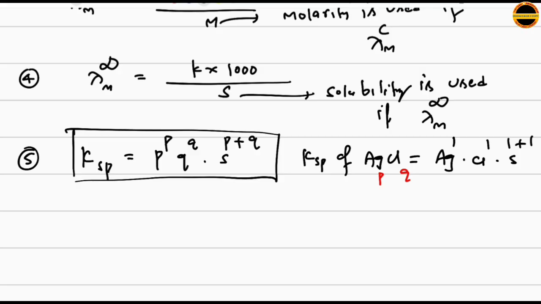What do you get here? 1 power 1 only, right? You don't even need to mention it again. Directly you write 1 power 1, 1 power 1, S power 1 plus 1. So here you get S square. AgCl, KSP is S square. Okay. Next.